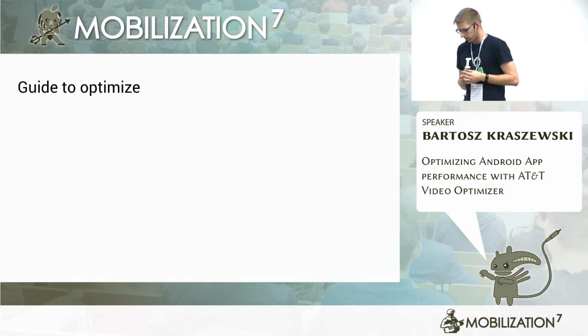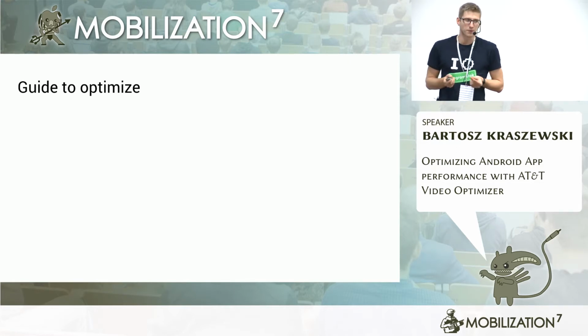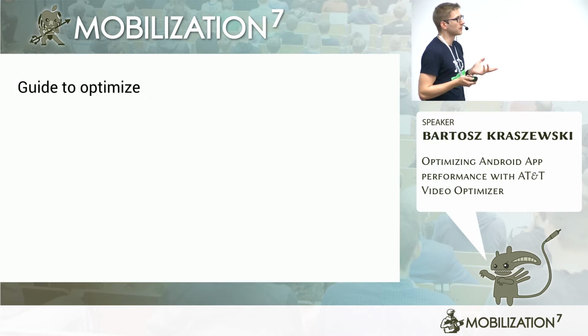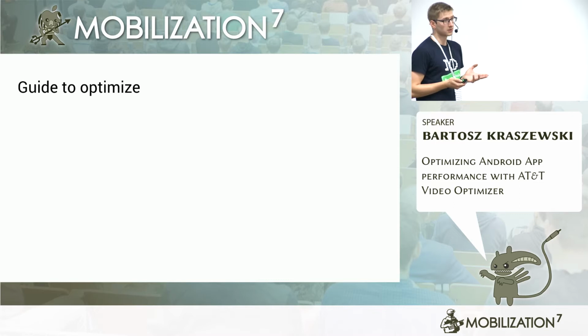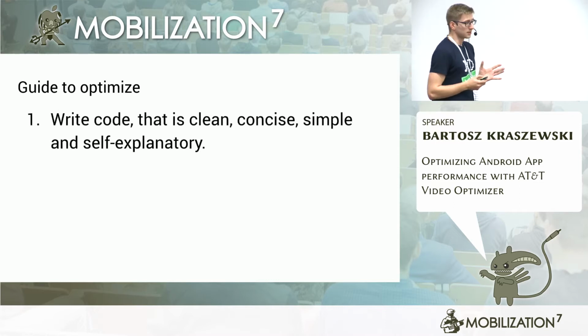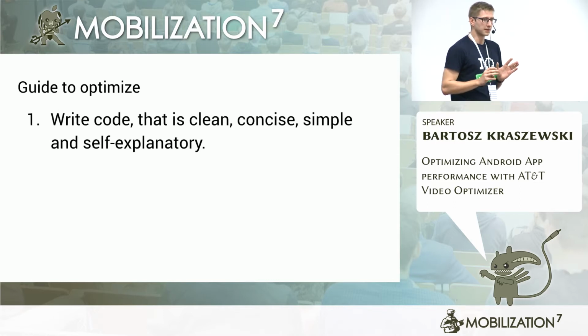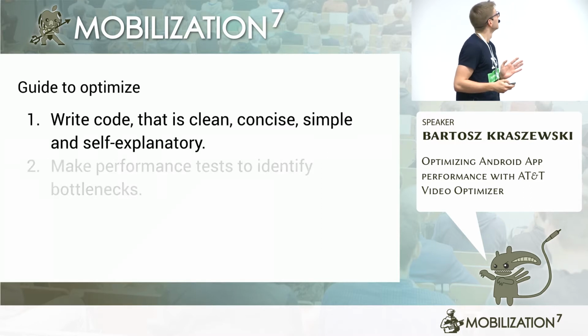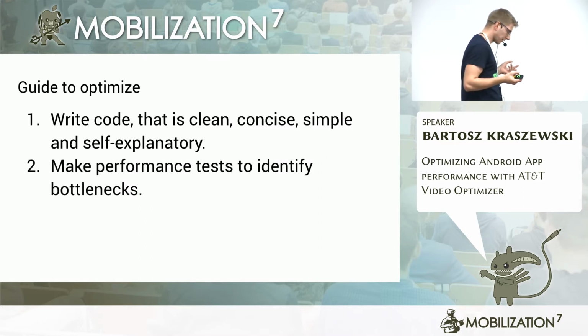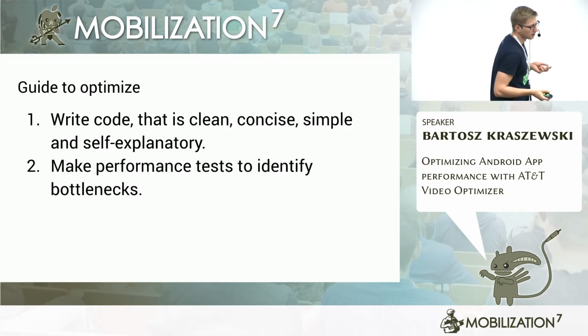All right, so we have to now think, what's the optimal guide to optimize something? First of all, it looks like it's: don't do this, just write code that's simple and readable and don't bother too much. But when you're done, perform the testing.